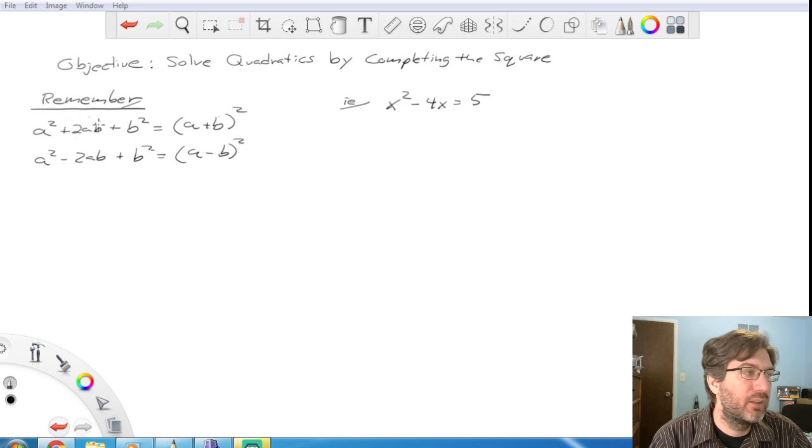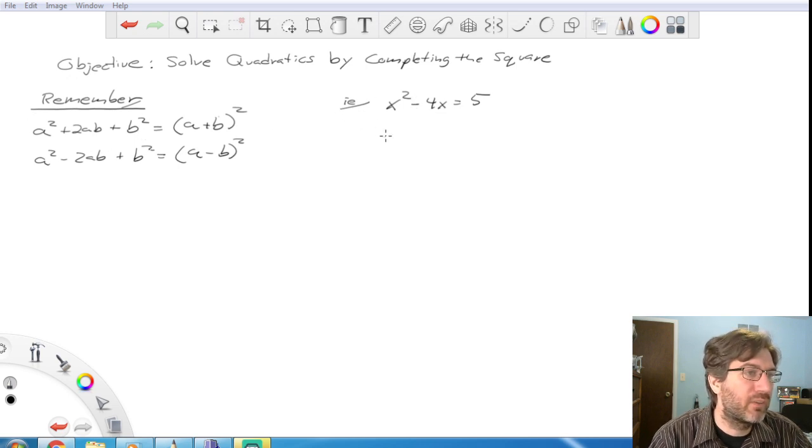A times b times 2 will be your b term, kind of your middle term here. So you really don't have a c term because it's played off of these ones. But if it's in this form here, if it looks like this, you can factor it to this right away. You know this is going to be the factored version of it. So our goal here is to make this look like this. That's all there is to it. Might be a little weird.